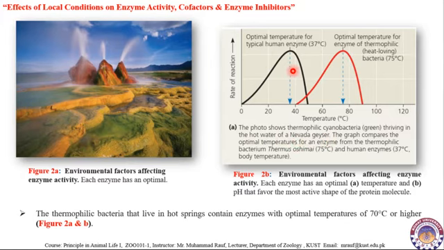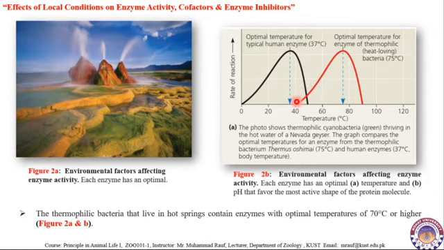Now, this is the enzyme found in the human body, and this is the rate of the reaction. So the rate of the reaction is at its peak at 37 degrees centigrade, and when the temperature increases beyond this point, the rate of the reaction drops considerably.